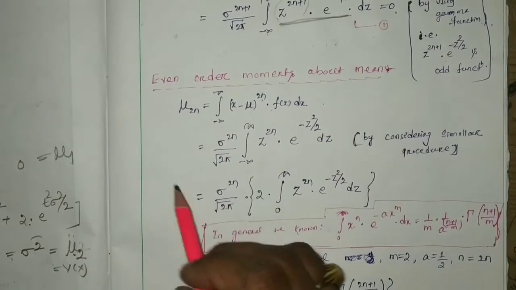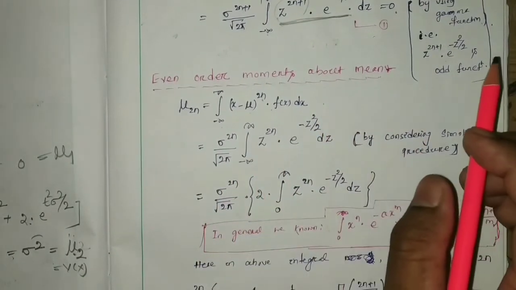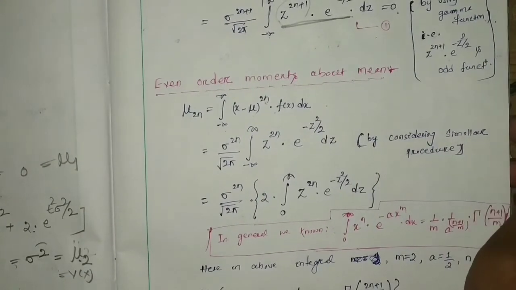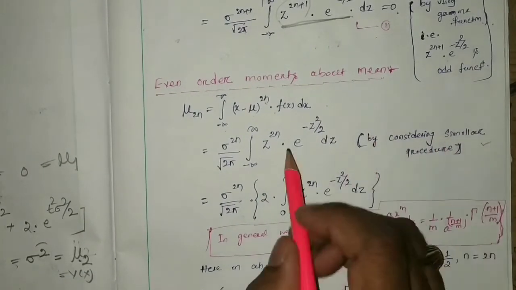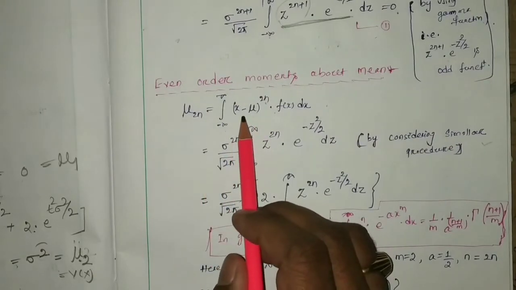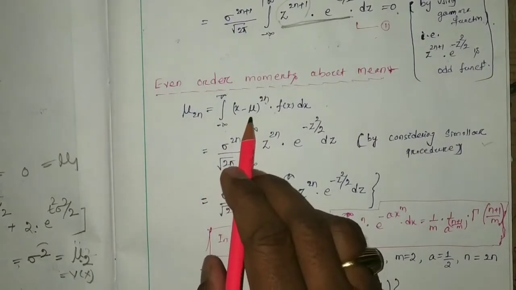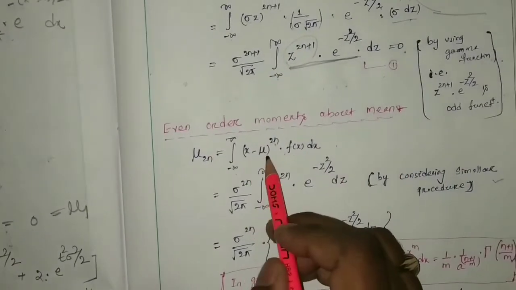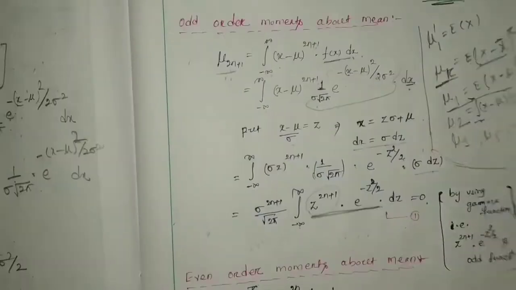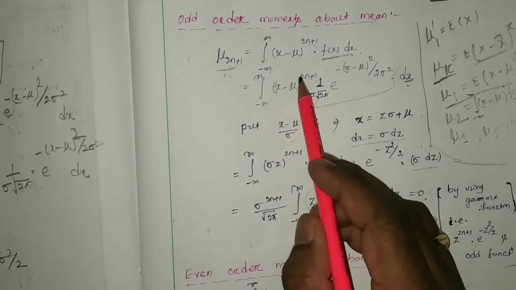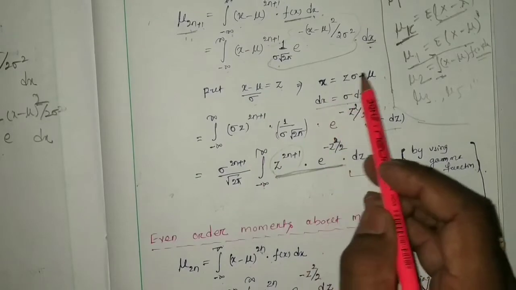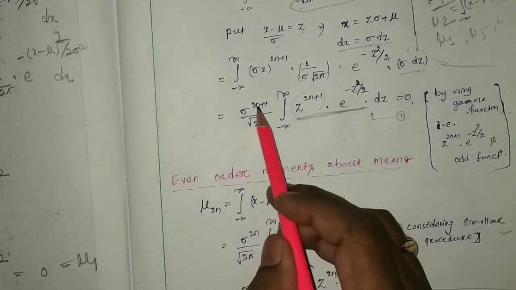So here, by considering a similar procedure, first you consider this is your x minus mu to the power 2n. Whenever we have x minus mu to the power 2n plus 1 and we consider this equal to z, and x equal to this much, dx equal to this much, at last what did we find? We found sigma to the power 2n plus 1.